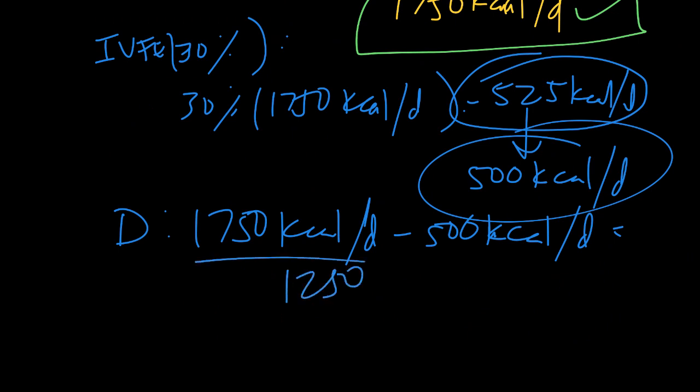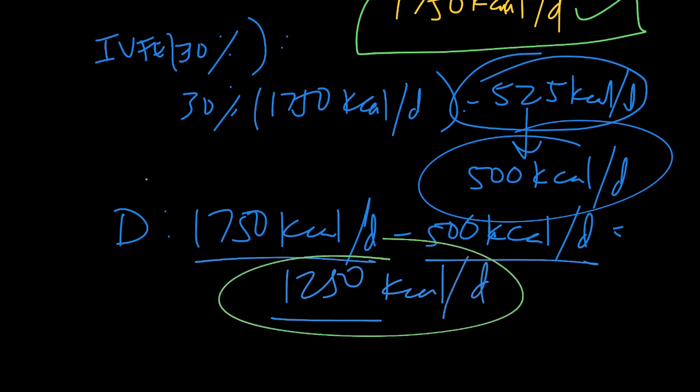Your total kcals minus your lipids gives you your dextrose. You can also do 70%, but it makes the math easier if you just subtract. So 1250 kcals per day of dextrose.